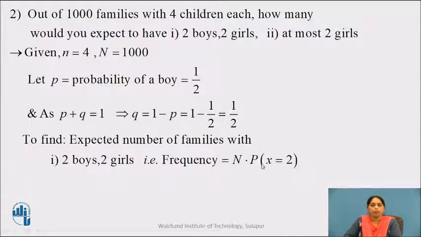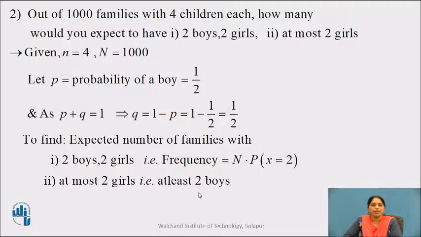Secondly, at most 2 girls, that is at least 2 boys, as we are having the probability of success, small p, as the probability of a boy, we will convert the example for boys. At most 2 girls means at least 2 boys. So the frequency can be calculated by capital N into the probability of x greater than or equal to 2, as the word at least is there, minimum 2, so x greater than or equal to 2.